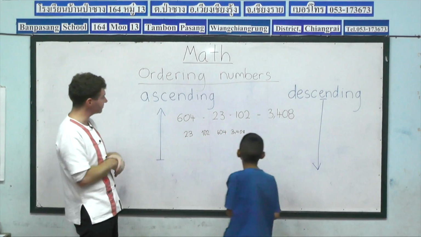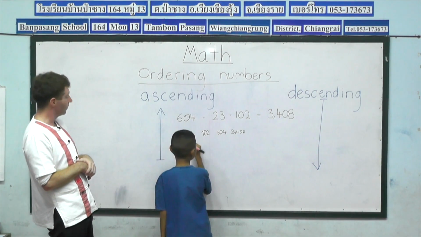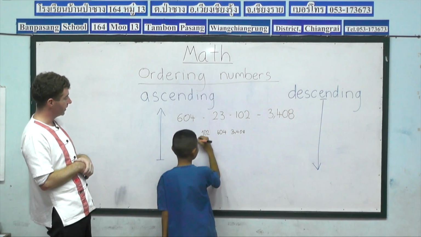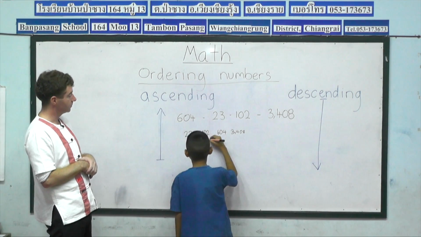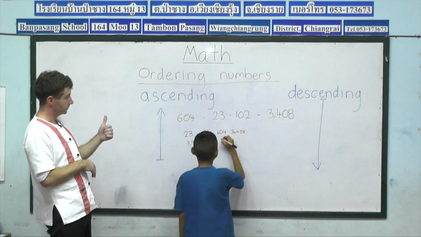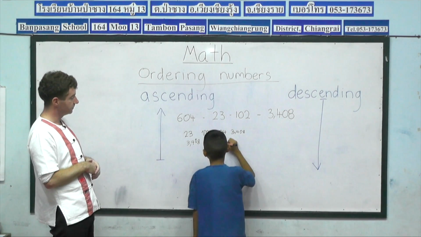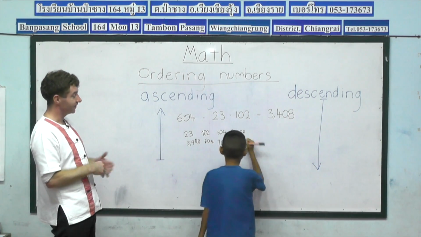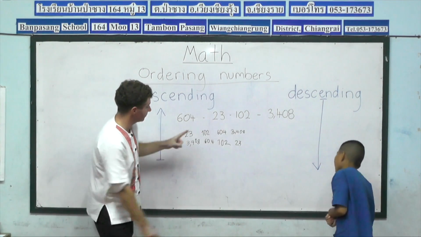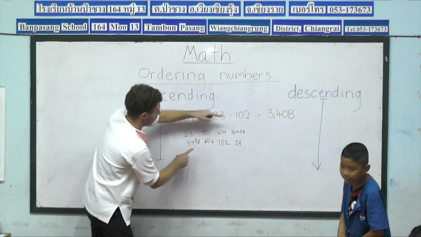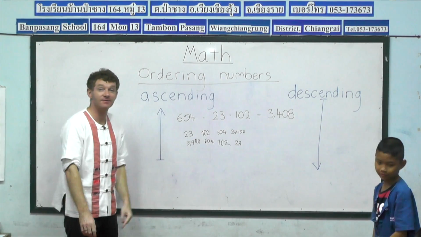So Bangpon, what's the biggest number? 3,408. Perfect. And then 604. 102. 23. Excellent.